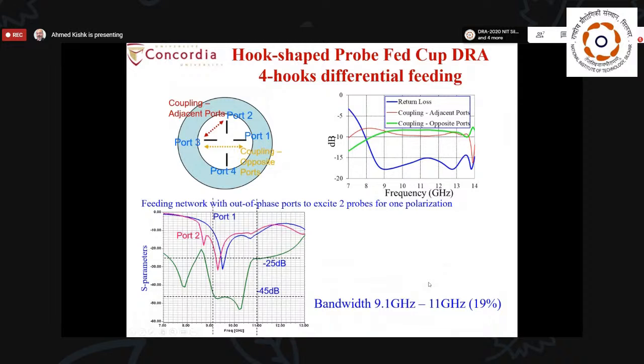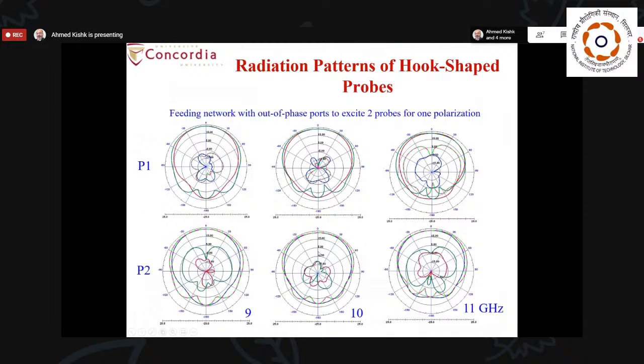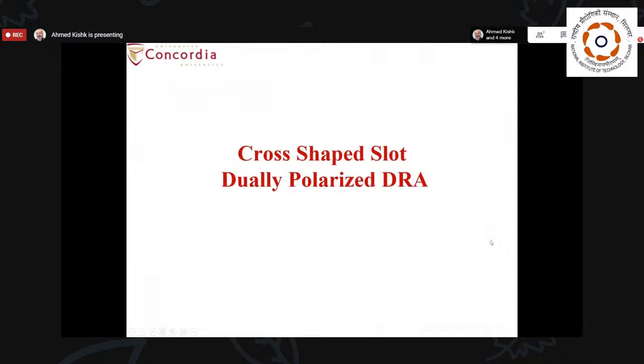By using the differential feeding, it is like you are exciting the TM0 mode twice, opposite to each other, out of phase, so they cancel each other. And in this way, you can have very good isolation between the two polarizations with very nice radiation pattern.